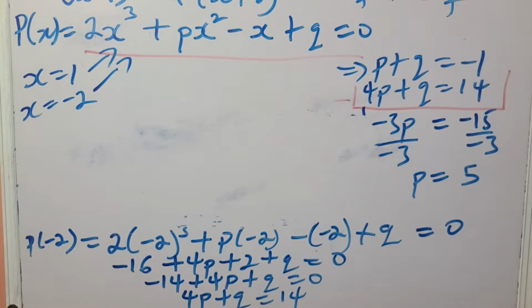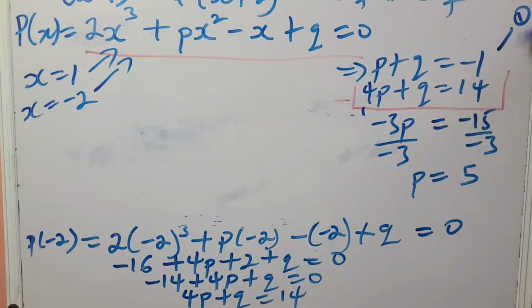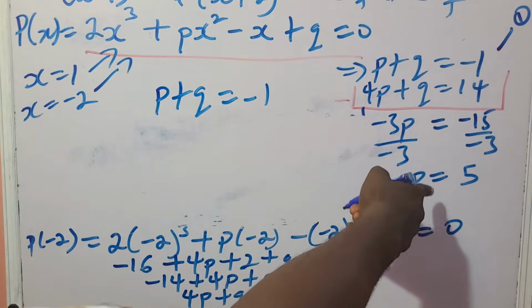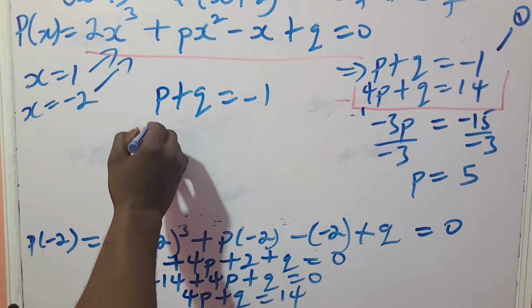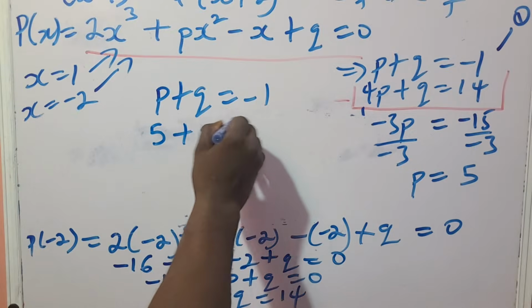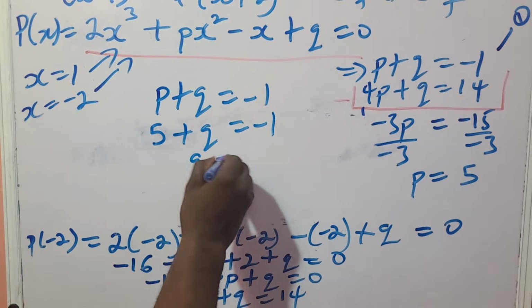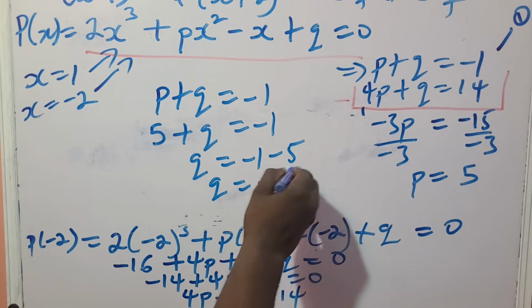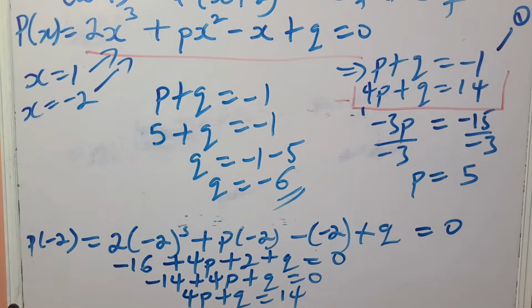What I want to just do is to fix in the value of p equals 5 into any of my equations. So I will fix p equals 5 into the first equation. My first equation was p plus q equals minus 1. If I fix in p equals 5 there, that will be 5 plus q equals minus 1. This will be q equals minus 1 minus 5. This will be q equals minus 6.